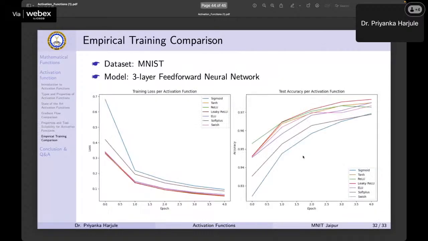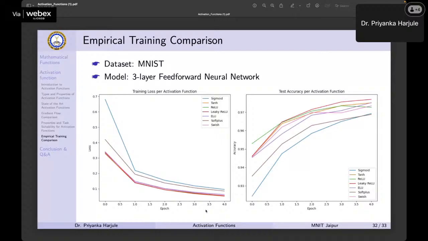Okay, so this is a small empirical impact of different activation functions on the MNIST dataset. I will tell more about this dataset in the lab session. So for now, you can see that here we have plotted the training loss on the y-axis, and the epoch, that is the training progress, on the x-axis.